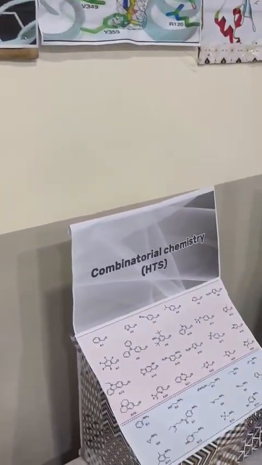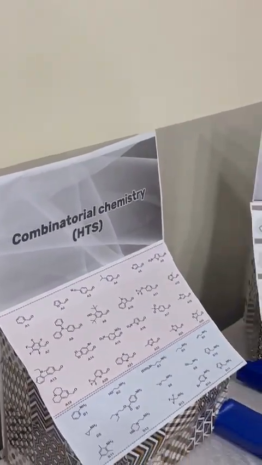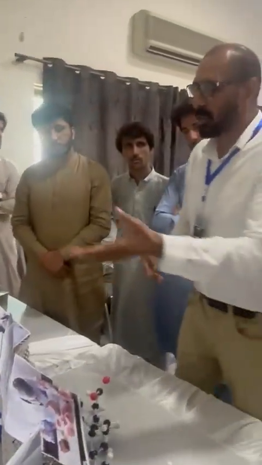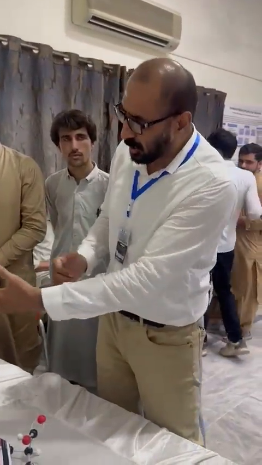Similarly, we have combinatorial chemistry. This is also called HTS, high throughput screening, through which we have a large bunch of different chemical compounds which are thoroughly studied. They are synthesized, they are elucidated.